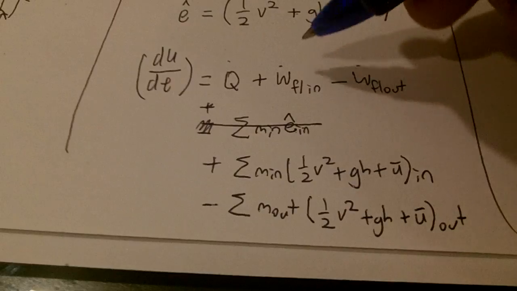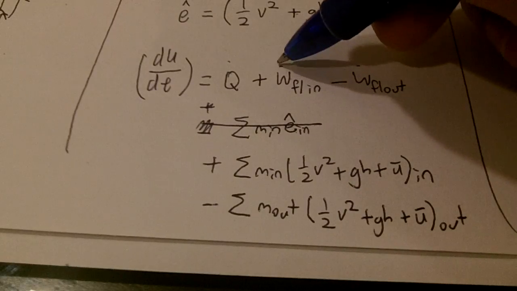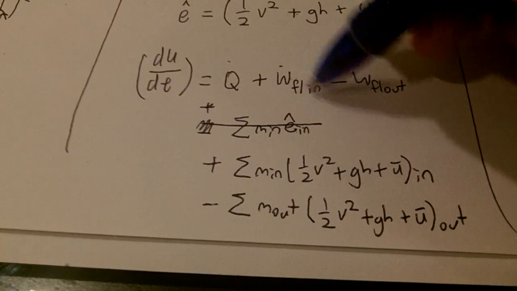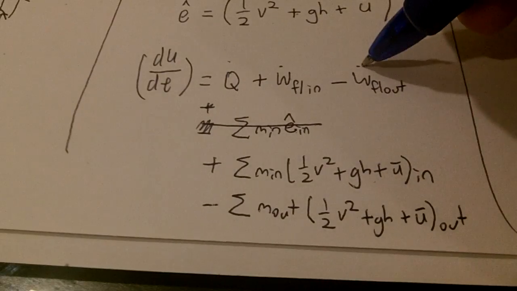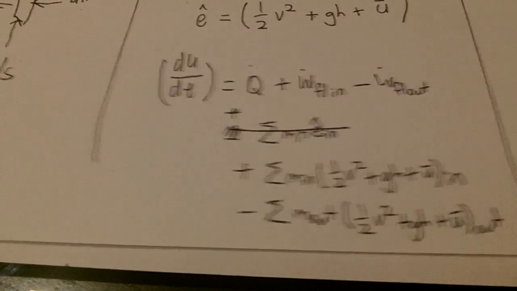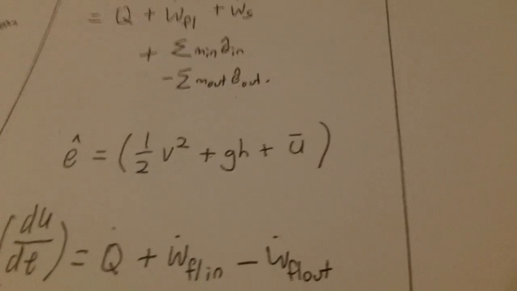Now let's say each stream has a unique flow work that's going in, and each stream has a unique flow work going out. And what is flow work equal to?